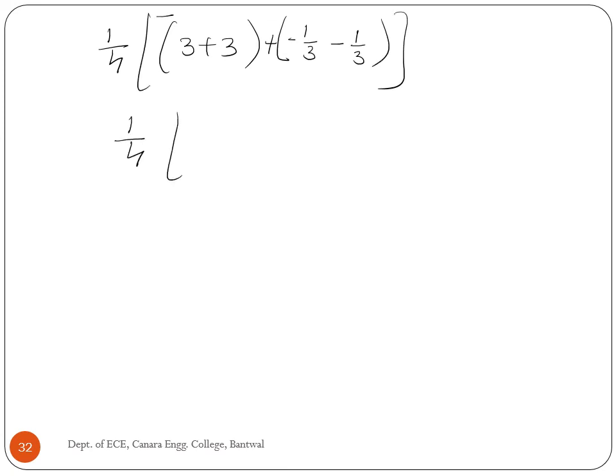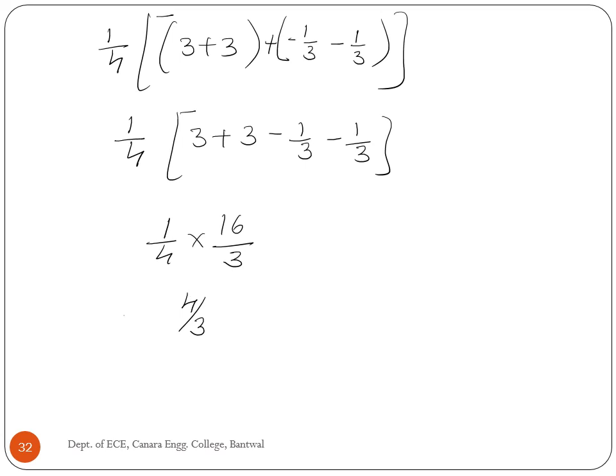Therefore 1 by 4, 3 plus 3 minus 1 by 3 minus 1 by 3, we will get 16 by 3, which is equal to 4 by 3. This is the answer for integration of sine cube phi d phi when phi is 0 to pi.